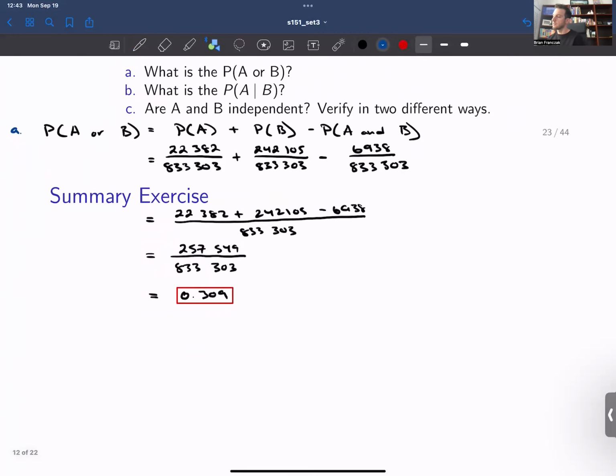Okay, part B asks, what is the probability of A given B?